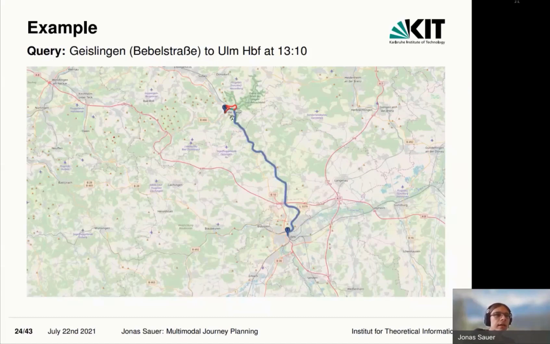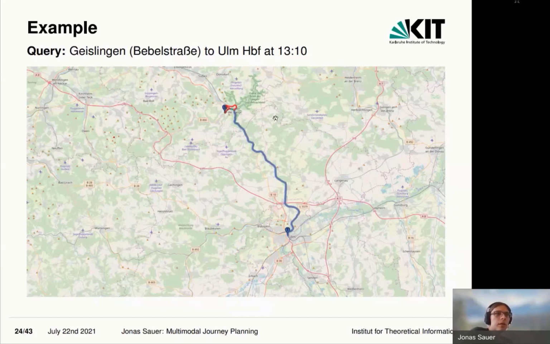We start in a town called Geislingen an der Steige, and we want to travel to Ulm Hauptbahnhof at 13:10. We have two journeys here, which, as you can see, are almost identical for most of the journey. This is, I think, an IC to Ulm, and the difference is mostly within Geislingen.